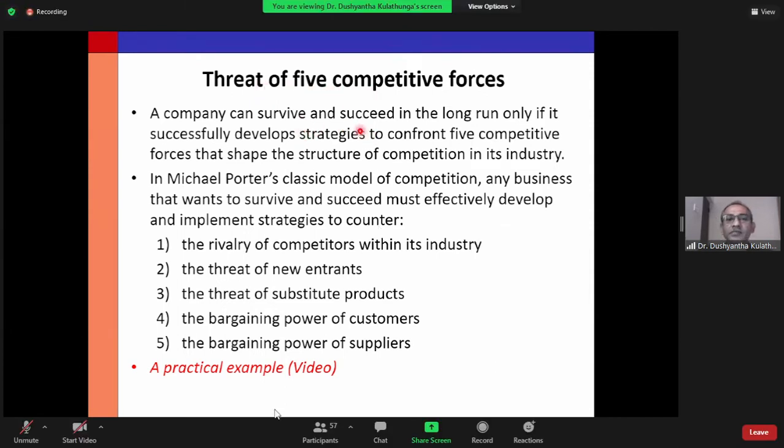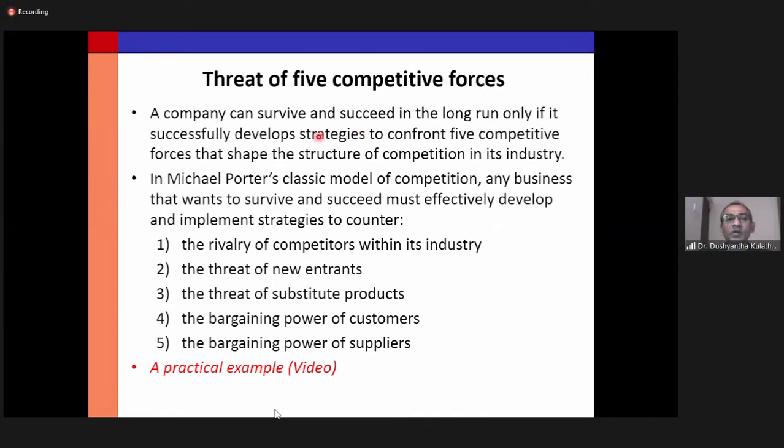A company can survive and succeed in the long run only if it successfully develops strategies to confront 5 competitive forces that shape the structure of competition in its industry. Now, the competition prevails within a particular industry, and the structure of competition in that industry is shaped by something called the 5 competitive forces.